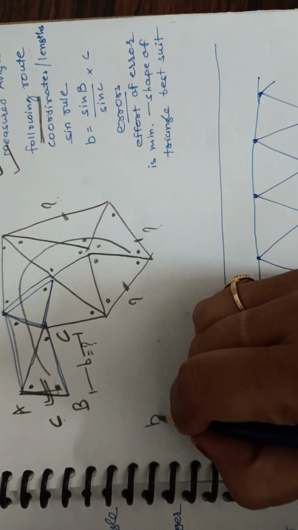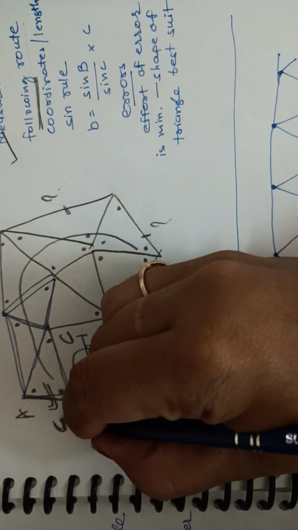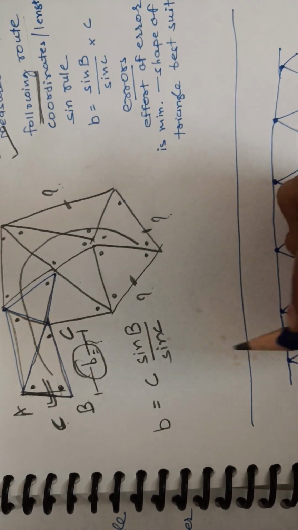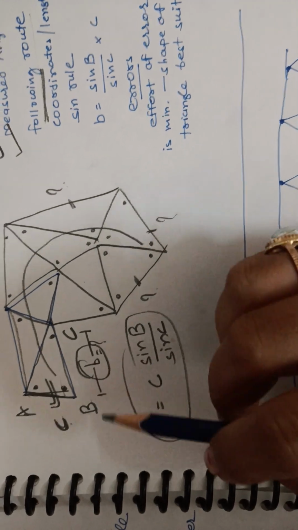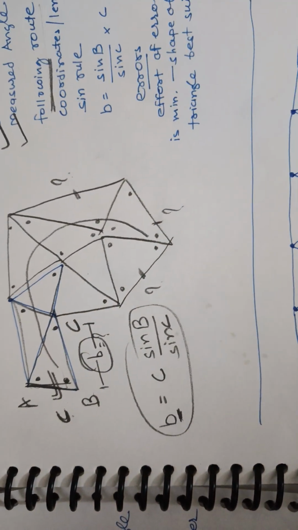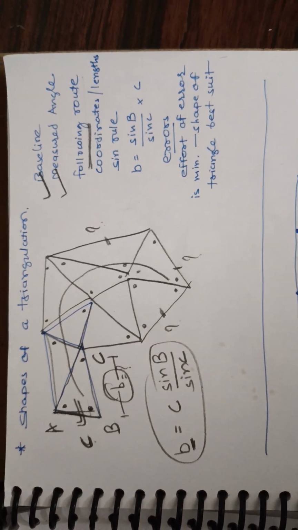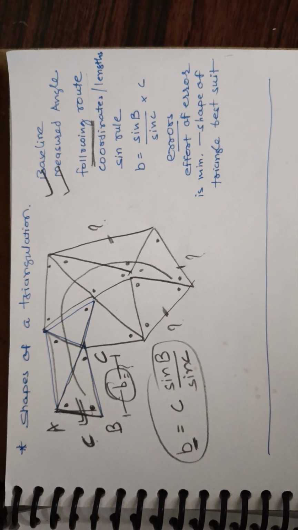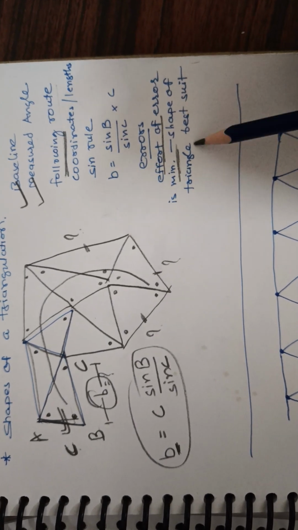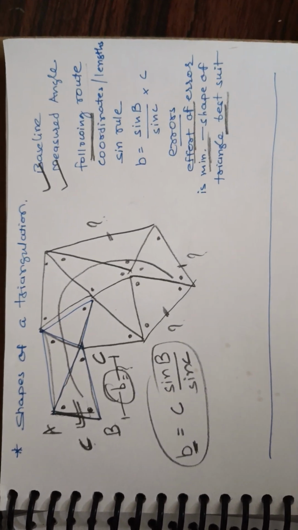If I want to find this length, B equals the length of this baseline times sine B divided by sine C. So this is the sine rule. By using the sine law, I can find the length of B. This may contain some errors. The effect of error is minimum when the shape of the triangle is best. Now the question is, what is the best shape of triangle?